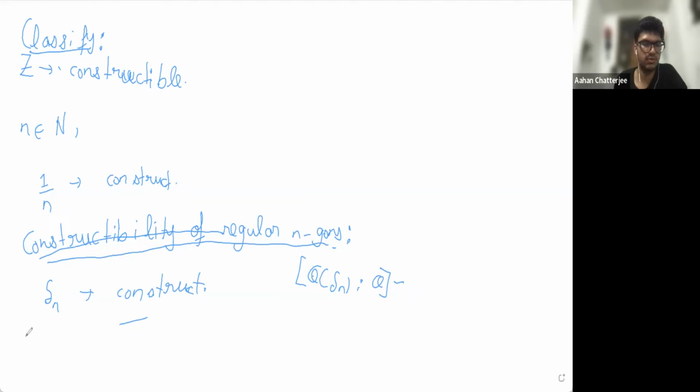So what we want to do is classify the set of all constructible things. So the first conjecture is that Q is constructible.